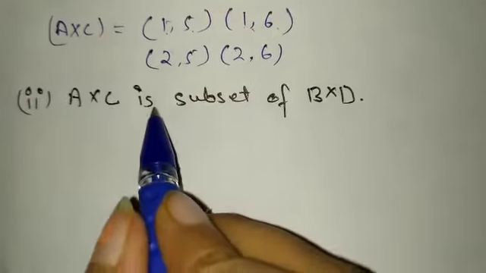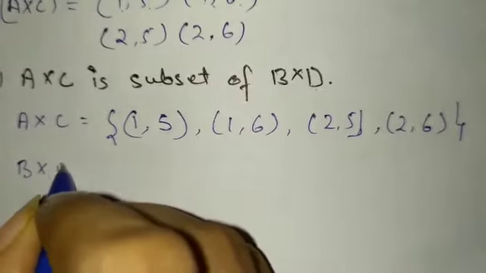Second, A into C is a subset of B into D. So first of all, let's find A into C, which is equal to elements (1,5), (1,6), (2,5), (2,6).